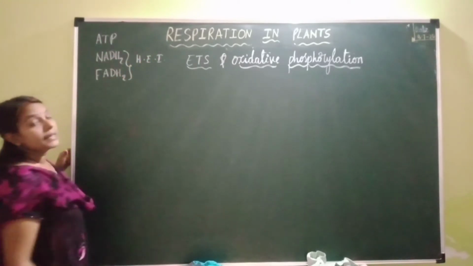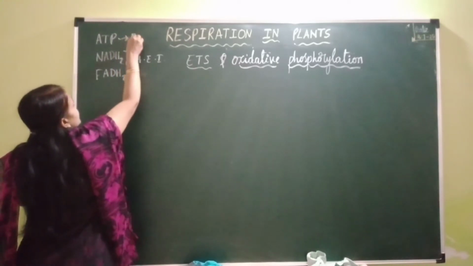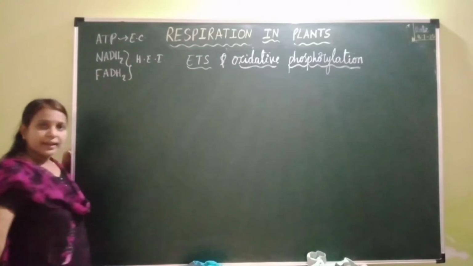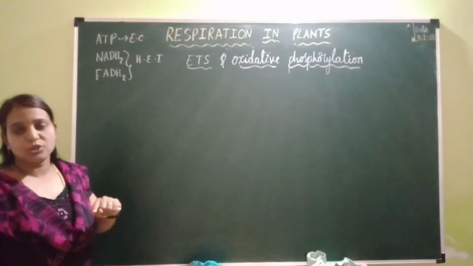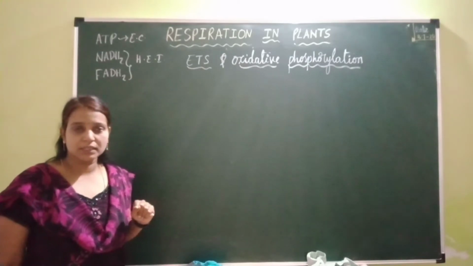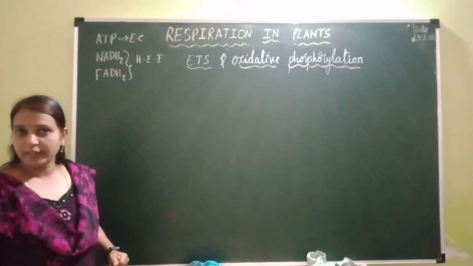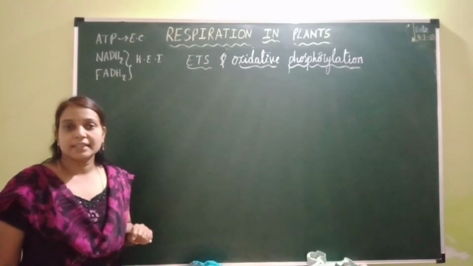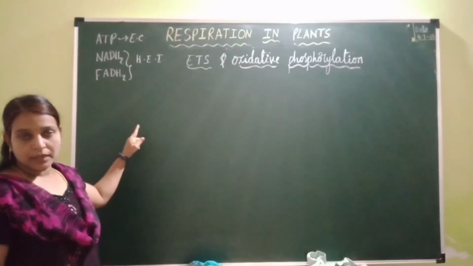These are high energy intermediates. So ATP is the energy currency of the cell. Why is this the energy currency of the cell? Because when the cell is in need of energy to perform any other energy requiring process, immediately the cell utilizes the energy which is stored in the form of ATP. But the cell cannot utilize the energy which is stored in the form of NADH2 and FADH2.